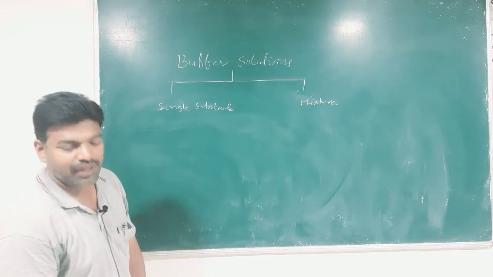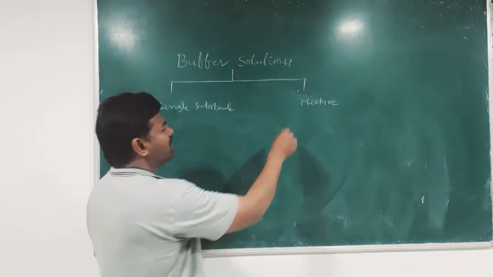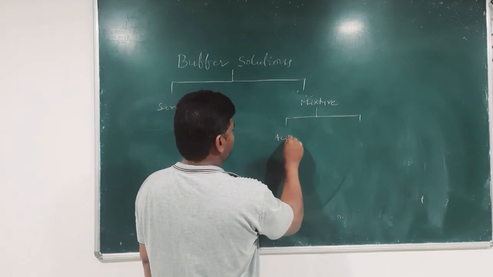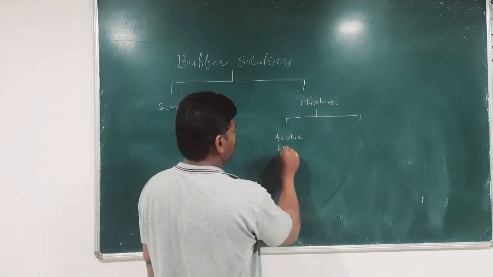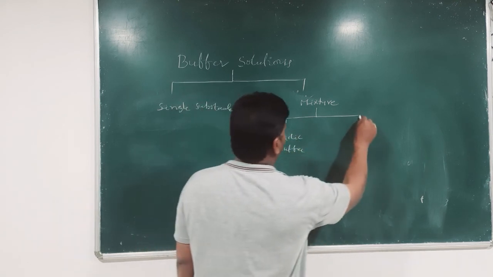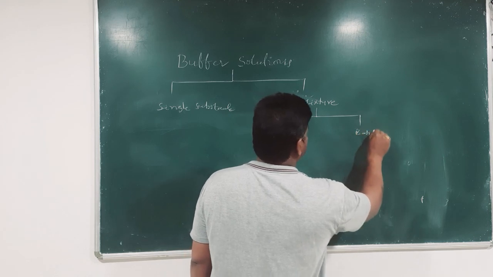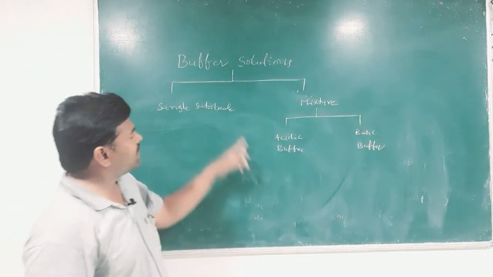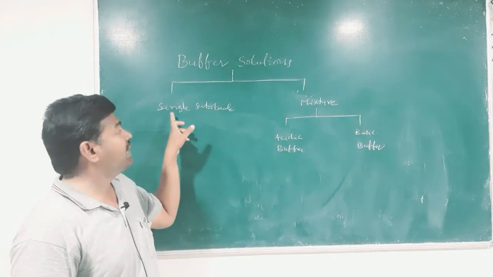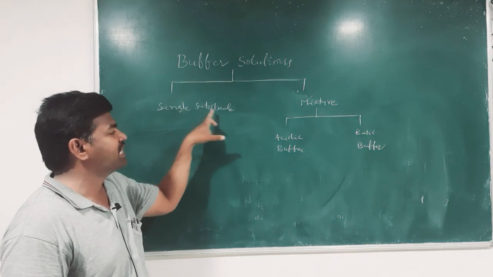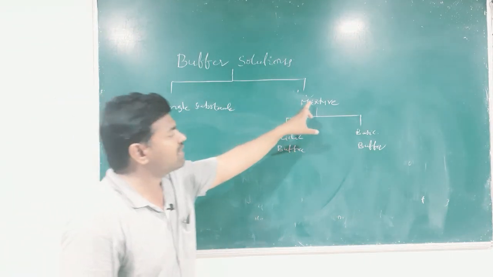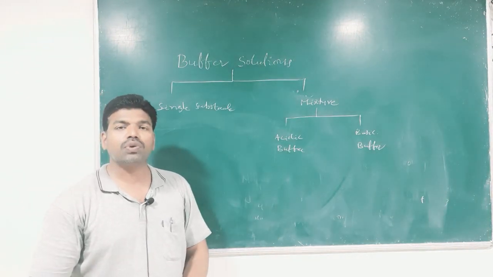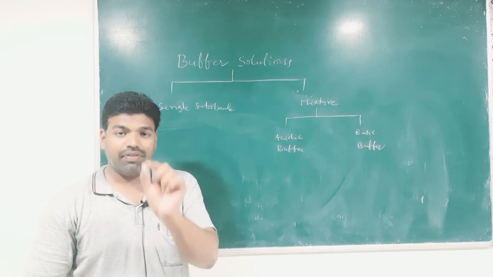Buffer solutions of mixtures are again of two types: acidic buffer and basic buffer. We have already gone through the examples for buffer solutions of single substances and buffer solutions of mixtures, that is, acidic buffer and basic buffer. I hope you understand the concept of buffer.